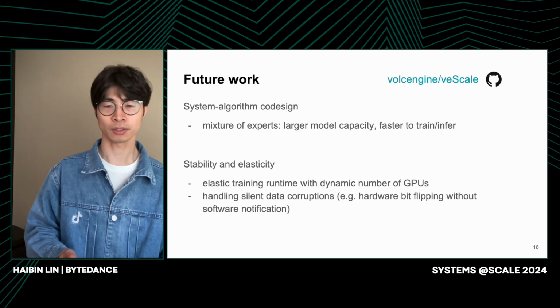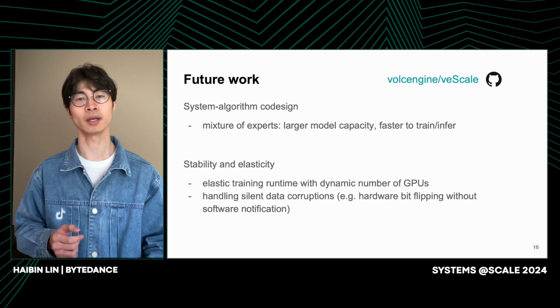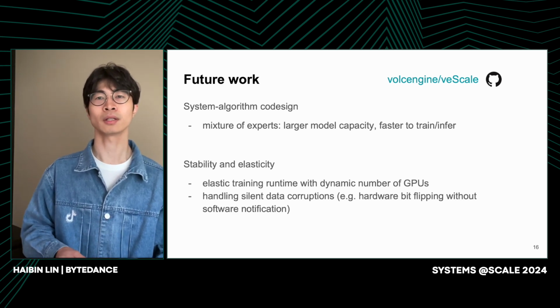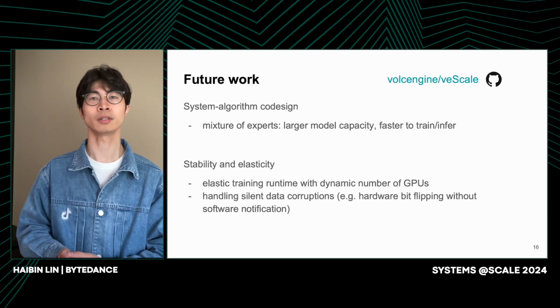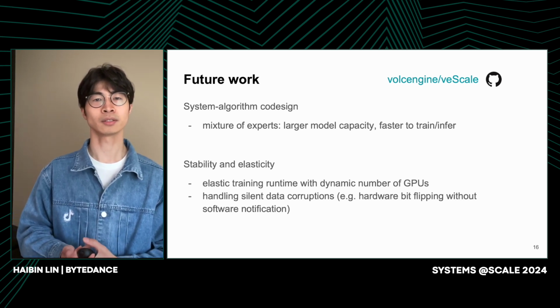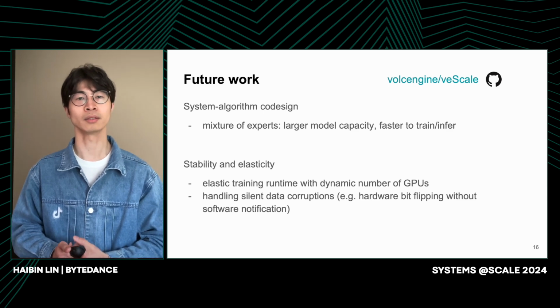On the other hand, as I mentioned, our robust training framework can handle maybe 90% of the faults, but there are 10% that require human intervention. And there are types of errors that are very hard to debug or handle.